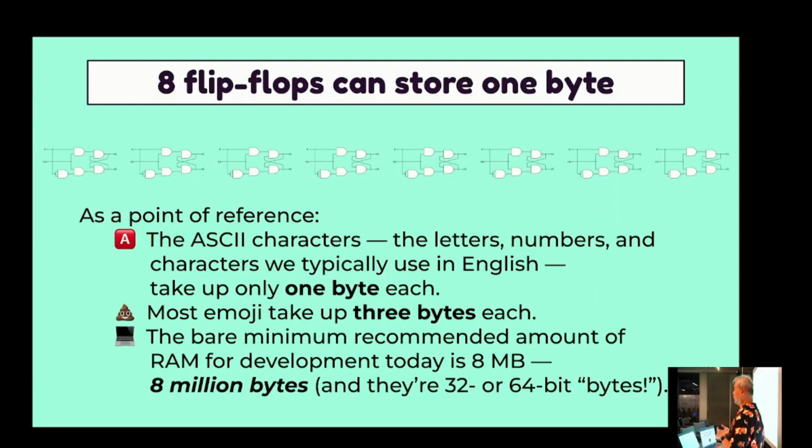And a byte can be 1 ASCII character, or basically the Roman letters and numerals and some punctuation inside the larger Unicode set. You need at least 3 bytes to express an emoji, maybe 4, depending on what the emoji is. And of course, these days, for development, we want 8 megabytes, so you need 8 million of these little circuits, which is why we need to pack so many transistors into a chip.